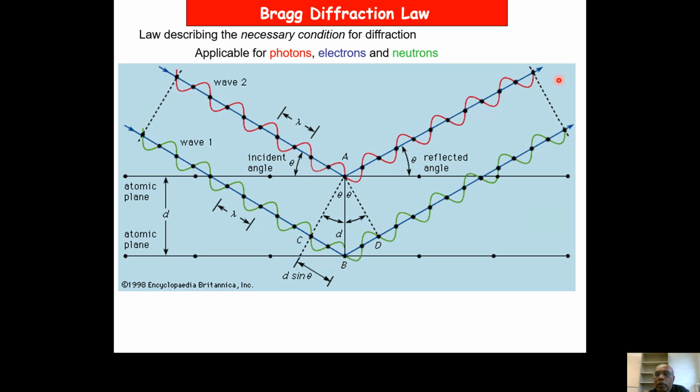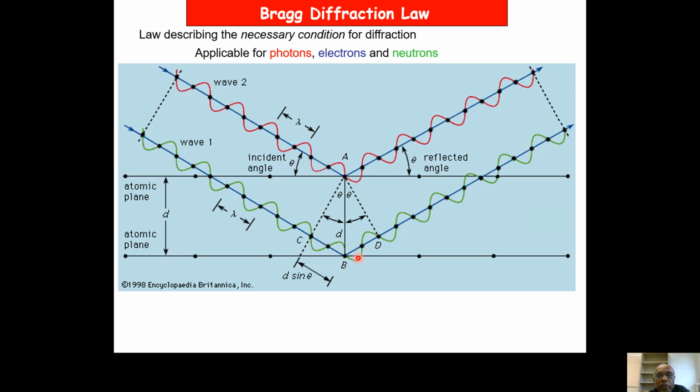If you now look at what is coming here, these blue and green waves, starting from here to here, we can see this green one is traversing additional length, right? Because you can see this distance and this distance are the same, but the green one is going through this additional distance.